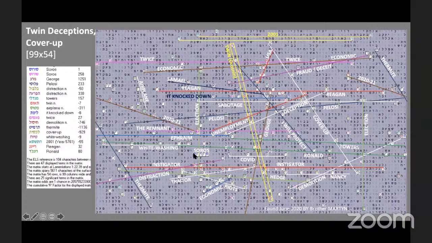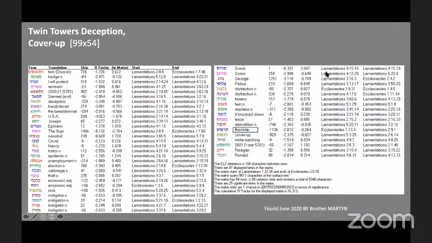And of course, we have our old friend Soros, traitor, and instigator in this, and the word demolition that goes along with thermite. And this is in the Book of Lamentations. And thermite is encoded right here.